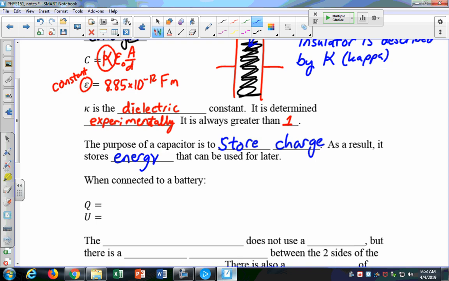If you have one of those cars with the boom, boom, boom, you know what I'm talking about?